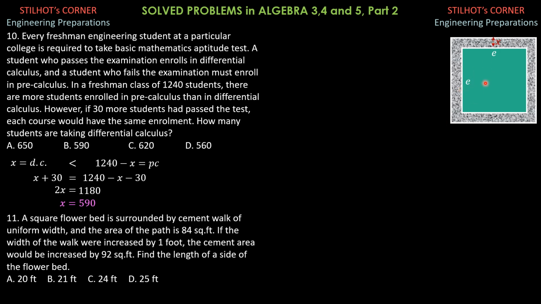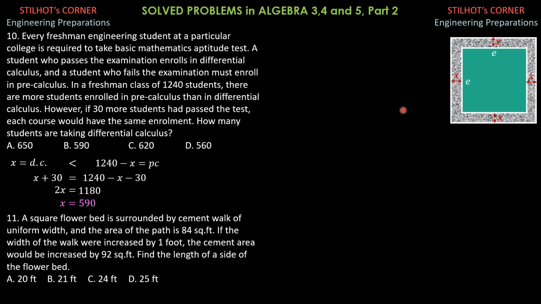And this one is x, x at the left, x at the right. So the cement walk in plan is also a square. From the first statement, the outside dimension of the cement walk, which is a square, because that's the area of a square, minus the area of the square flower bed is equal to 84, as stated here, the area of the path.